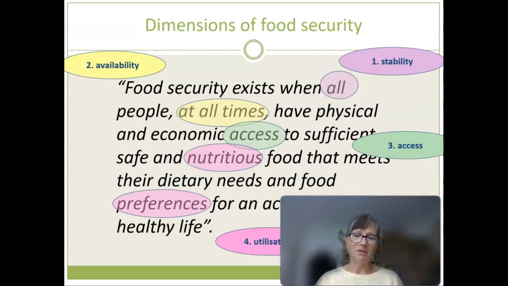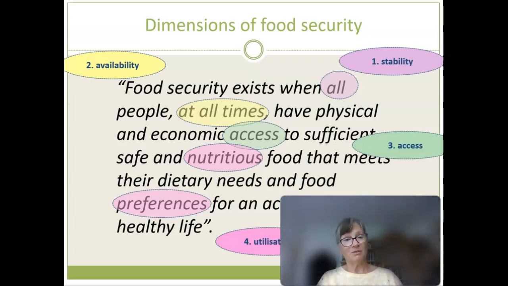There are obviously various illnesses that affect that. Undiagnosed celiac disease will affect people's ability to absorb iron and calcium, so we know that they are more at risk of iron deficiency anemia and osteoporosis. There are other things, of course, but all of those things act to influence the ability for someone to utilize foods. So these are the dimensions of food security.